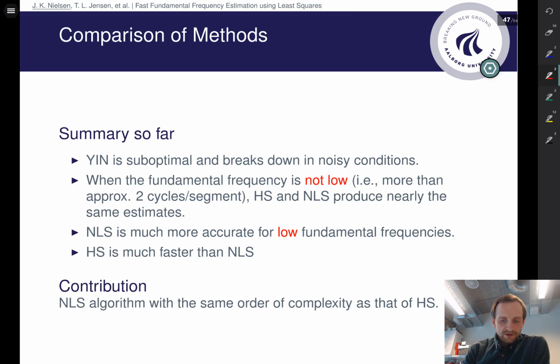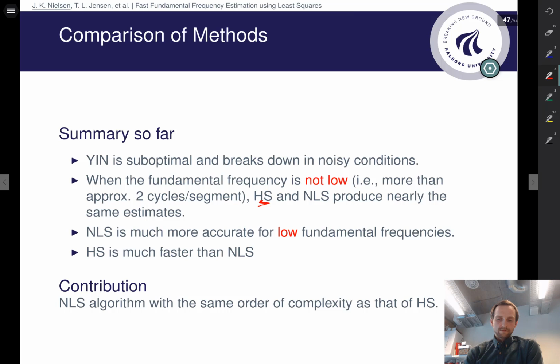So when the fundamental frequency is not low, harmonic summation is practically as good as the nonlinear least squares method. And since harmonic summation is much faster than NLS, people use harmonic summation instead of NLS. However, when the fundamental frequency is low, NLS is much more accurate than everything else out there. So this is really the main reason for using NLS.